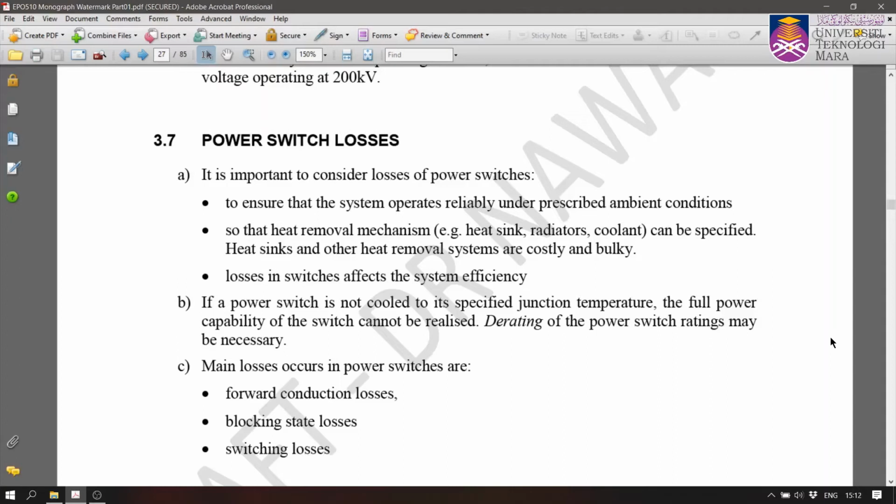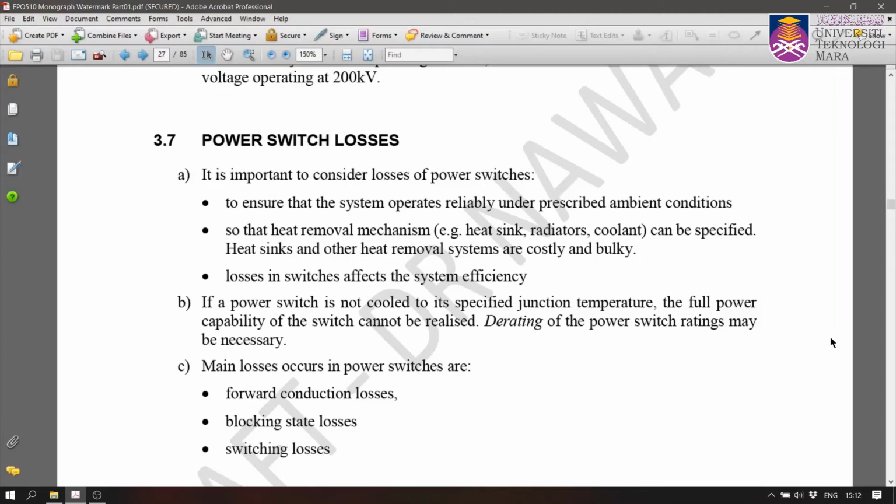Therefore, we need to consider the loss in the switch. It is important to consider losses of power switches to ensure that the system operates reliably under prescribed ambient conditions, so that a heat removal mechanism can be specified.